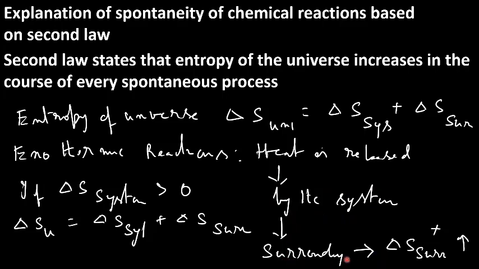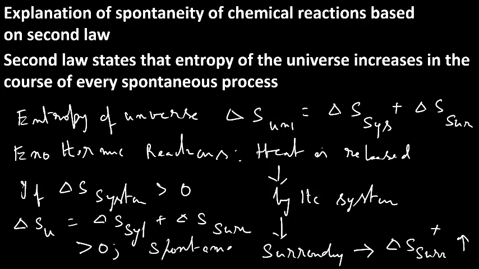Because the heat is taken by the surroundings, the randomness increases. As randomness increases, delta S surroundings increases, that is, it is positive. If delta S system is also positive, that is greater than 0, then delta S universe, which is delta S system plus delta S surroundings, is greater than 0. Therefore, the process is spontaneous.